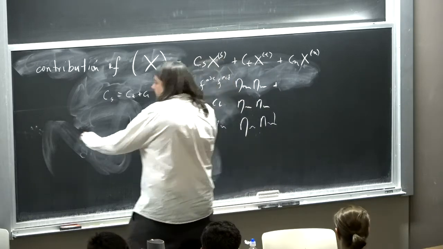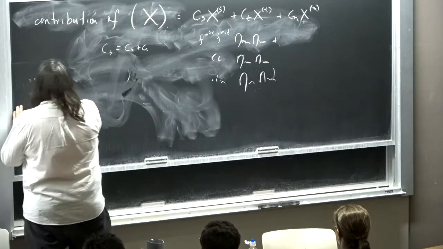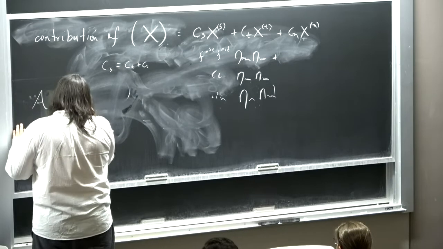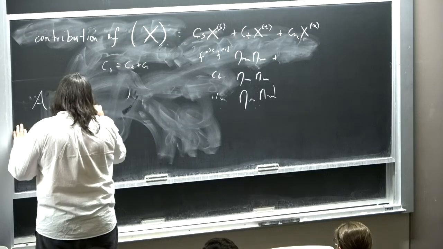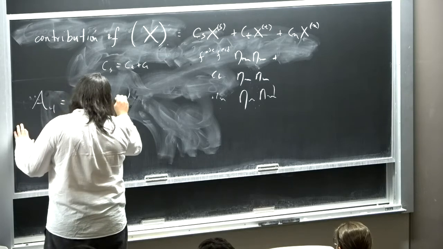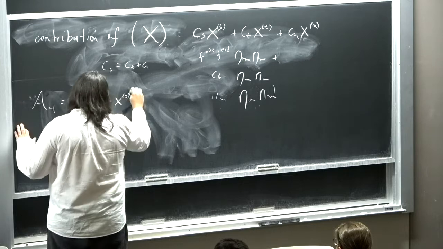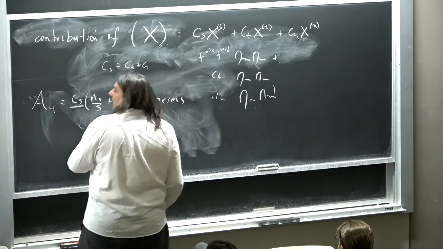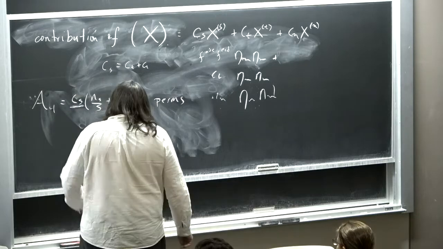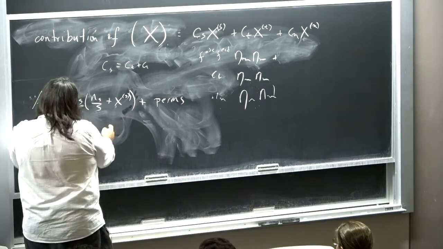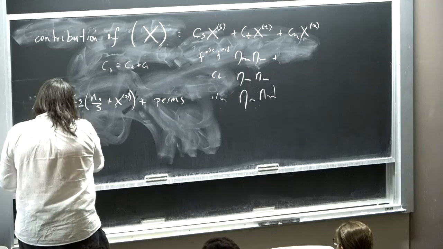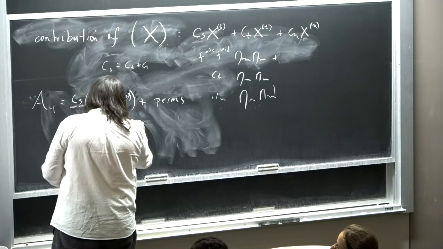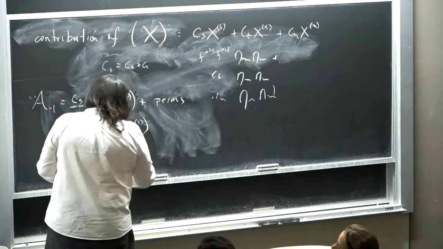So my amplitude right now looks like CS over S times (NS plus S times X), plus perms, plus all the CT and CU terms. What can I do? I can pull the S out: CS over S, (NS plus S times X), right?